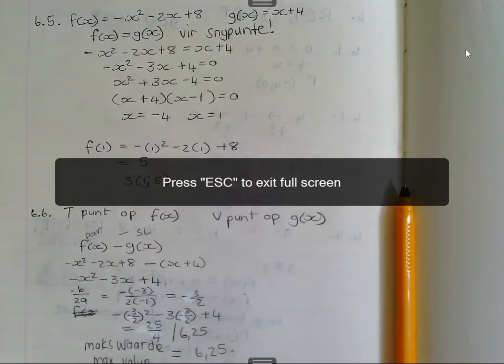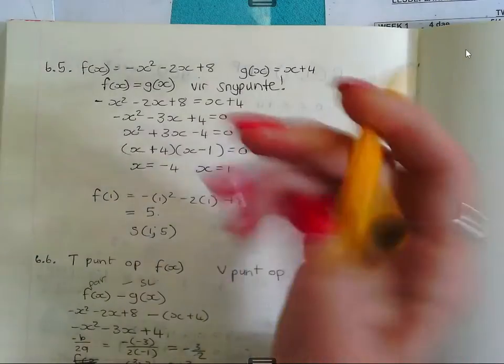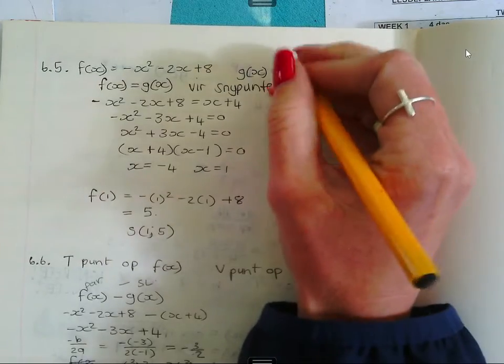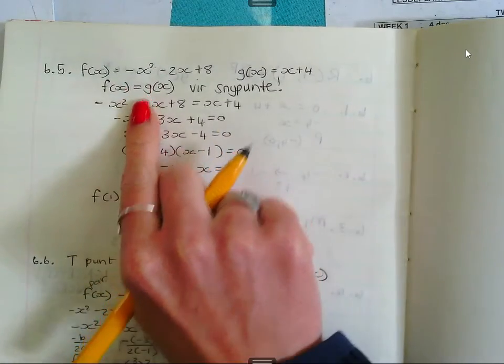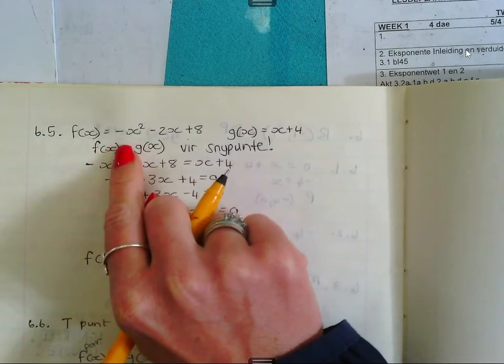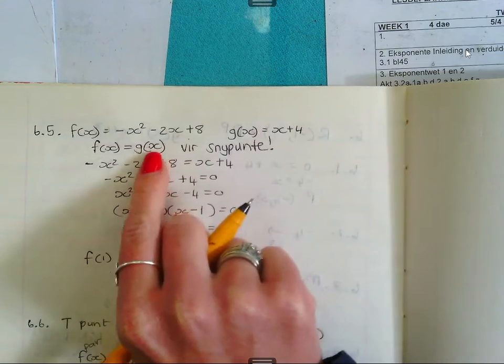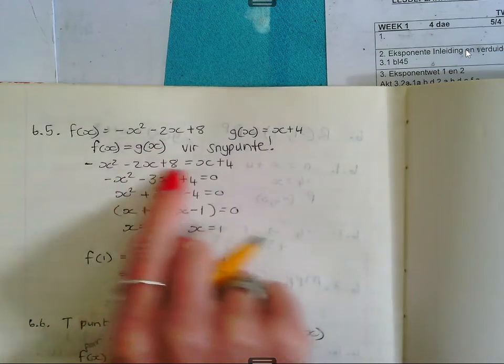Is it on? Okay. Alright, so when you want to calculate the point of intersection, you let the two graphs be equal to each other. So function f's equation, you let it be equal to function g's equation, and then it looks like that.